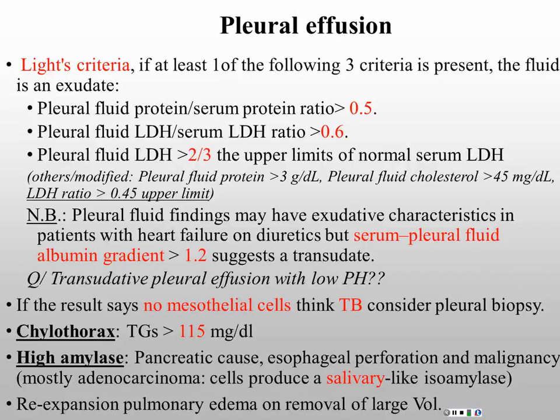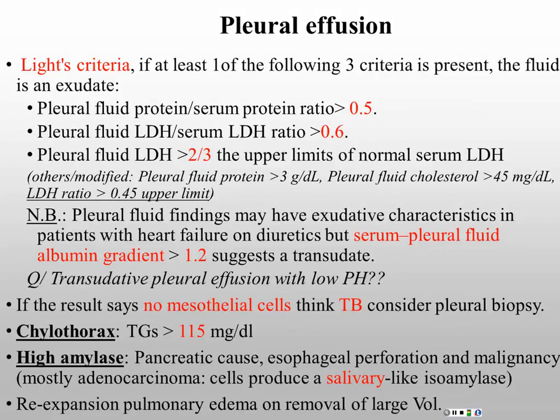We had 2 cases of urinothorax before. So your fluid will be transudative and your pH will be very low, and you have to know this because you may go in a different direction. Because we discussed before, very low pH will suggest complicated effusion, empyema, so you may be going in a different direction. You cannot have empyema with transudative fluid characteristics, so you have to know about urinothorax.